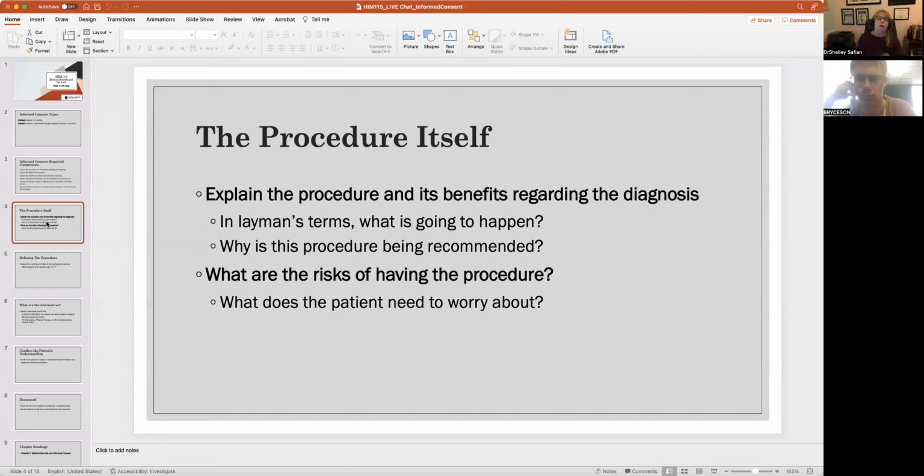Now, I have read some articles of some physicians who don't like to discuss this because they feel so strongly that the patient should have the procedure that they don't want the patient to be scared and say no. And I understand that point of view, okay, kind of like in a few terms, or wherever you are in your education, your faculty members are going to recommend strongly that you sit for a national certification exam, because it's very important to your future career.